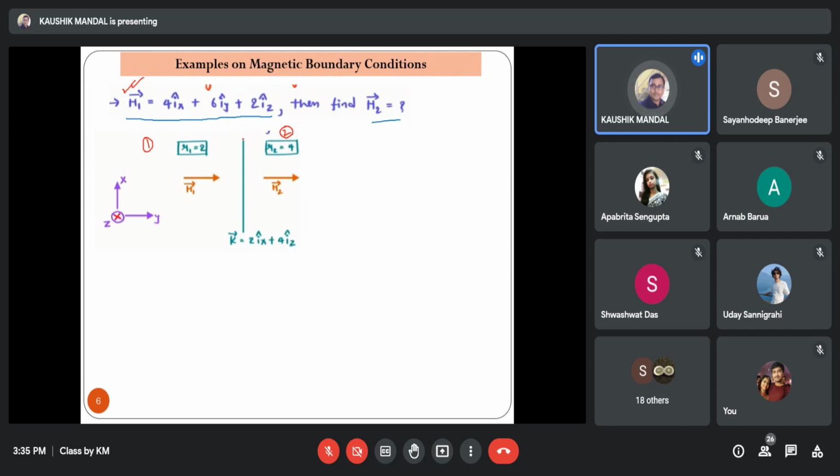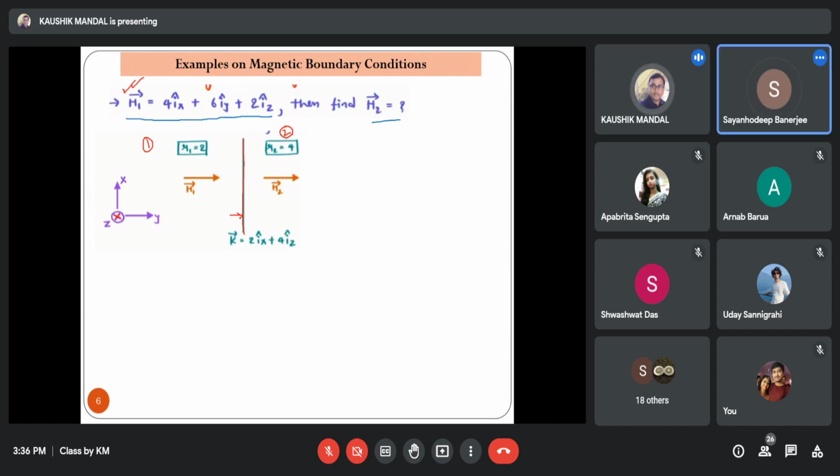This is the interface between the two media, so the normal component is perpendicular to this interfacing surface. What about the tangential component? Along x. Not only along x, it may also be in the z direction.